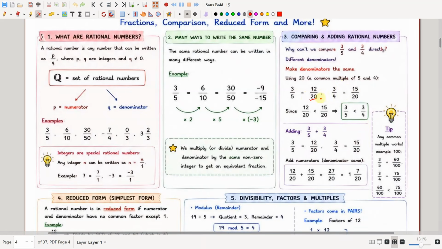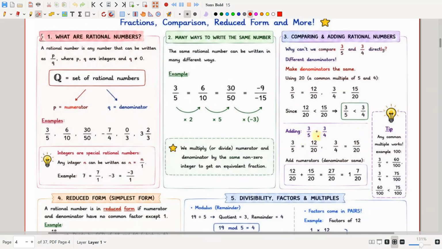Now I have the common denominator, I can conveniently compare these two values. 12 by 20 is less than 15 by 20. Ultimately, 12 by 20 represents 3 by 5, so 3 by 5 is less than 3 by 4.